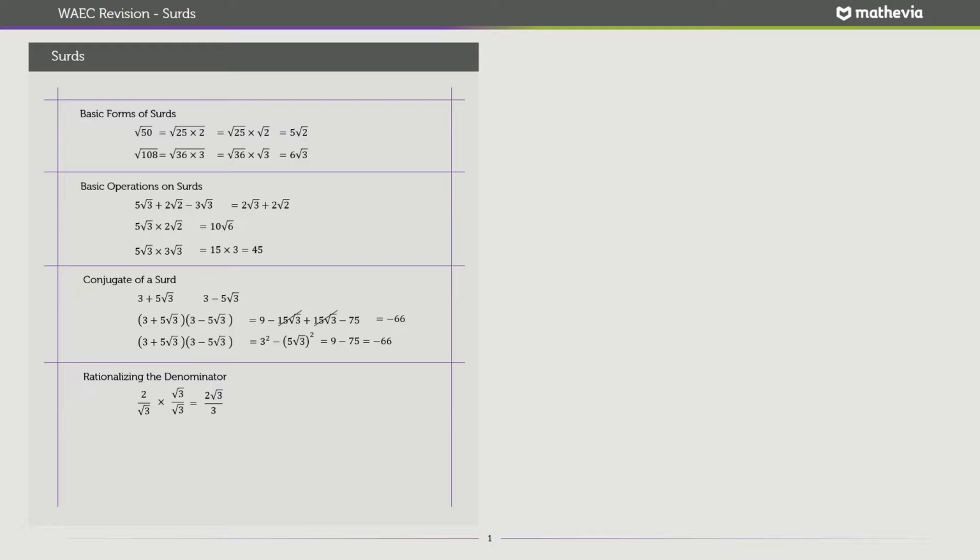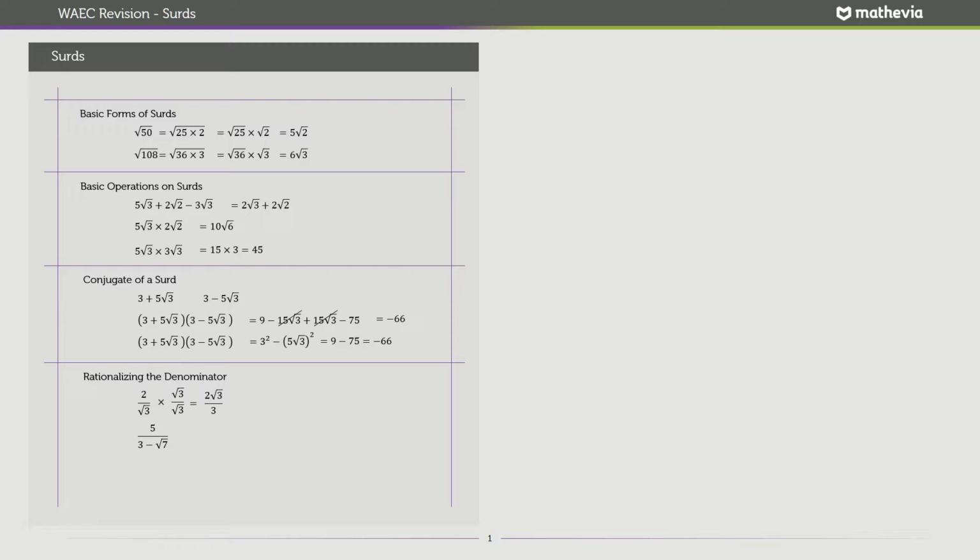But generally we prefer to present surds in this manner, where the denominator is not a surd, and we call this rationalizing the denominator. We do not want an irrational number or a surd as the denominator. We want to rationalize the denominator in this fraction such that the denominator becomes a whole number or a rational number.